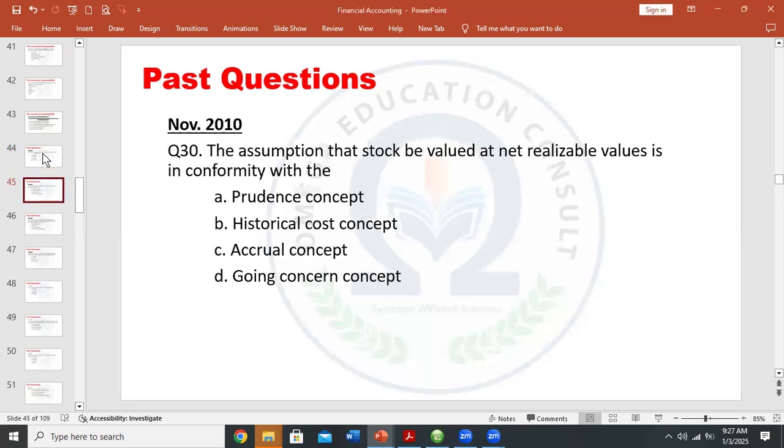The next one says, okay, so the assumption that stock be valued at net realizable values is in conformity with the A, prudence concept, B, historical cost, C, accrual, and D, going concern.